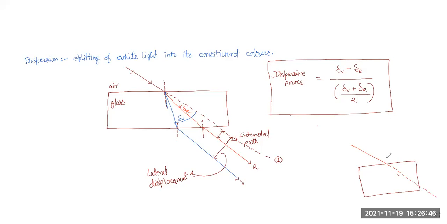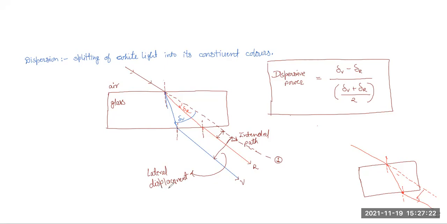Now, because of this air to glass transmission, this red color light will be bent towards the normal and it will hit the surface here. Again there is a refraction and now the red colored light travels like this. If we ignore these irregularities here, this ray is parallel to this ray. This parallel displacement, which is introduced because of this glass, is called lateral displacement.